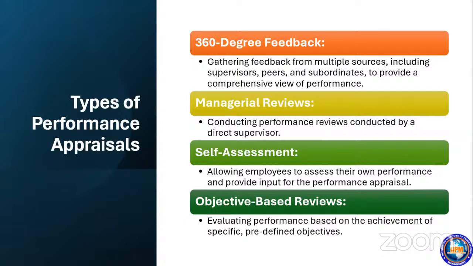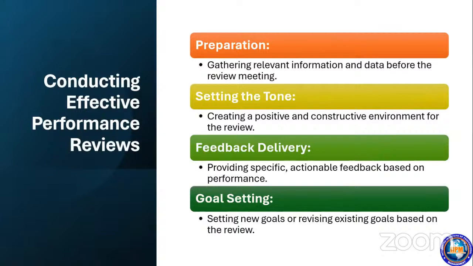Okay, we talked about objective-based reviews, where performance is evaluated based on achievement of specific and predefined objectives. Now, let's talk about how to conduct effective performance reviews. First and foremost, we have to prepare. And how do we prepare? We have to gather relevant information and data before the review meeting.